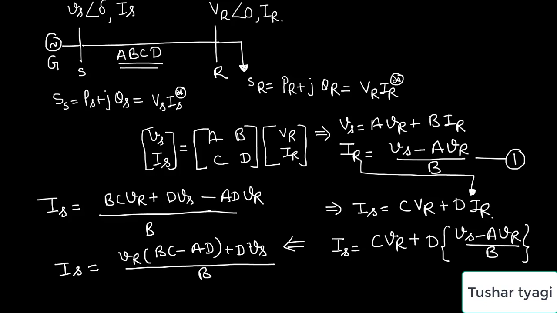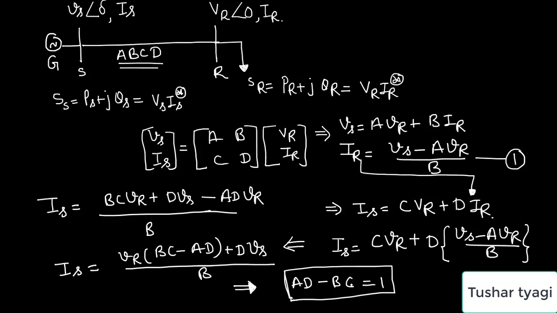Is it okay? Now, from this equation, there is a very important mathematical relation between these ABCD parameters. That is, AD minus BC is equal to 1 for any kind of transmission line. That is the property of the ABCD parameters.